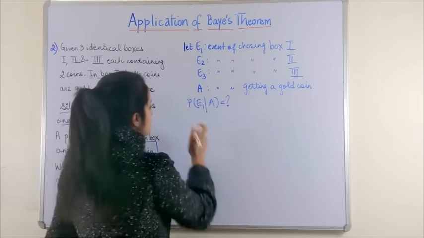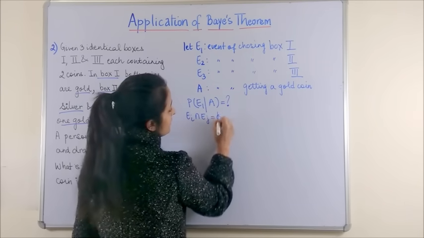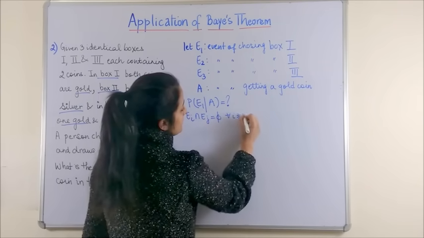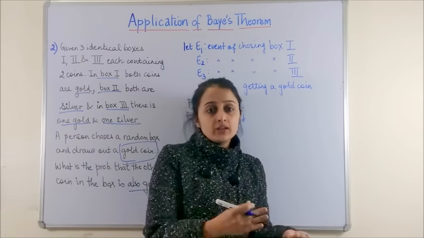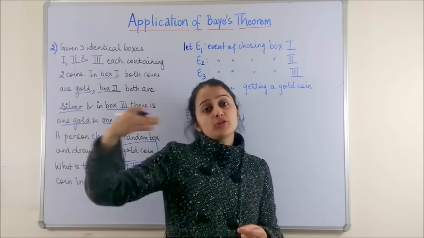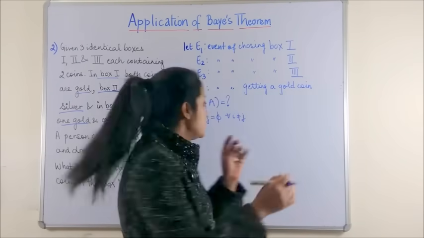Very quickly, once again, your Ei's will have nothing in common. By this I mean, if somebody is choosing a coin from box 1, he cannot be choosing the coin from box 2 simultaneously or from box 3 simultaneously. So there's nothing common.